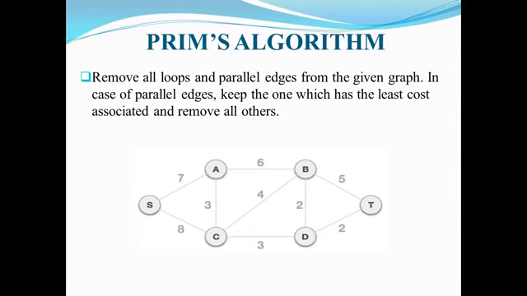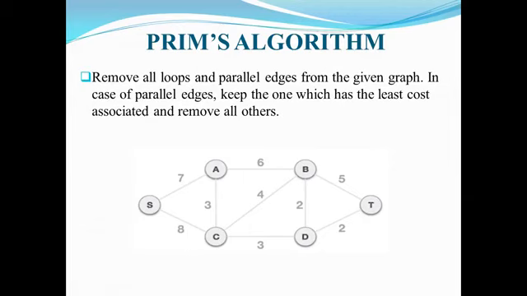Suppose this graph is completely connected, then we can directly use n power n minus 2, where n is the number of vertices. If 6 vertices are there, 6 power 6 minus 2 spanning trees are possible. But this graph is not completely connected. Completely connected means from every vertex there must be a direct edge to all the remaining vertices, but such a scenario is not there in this graph.